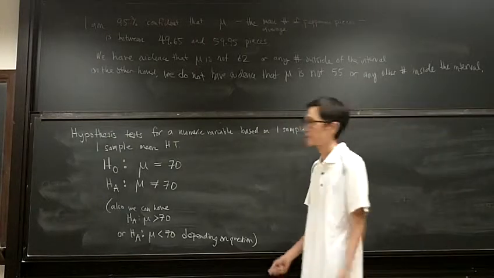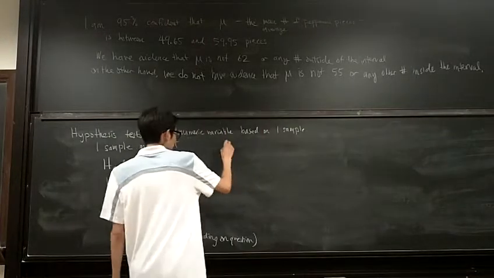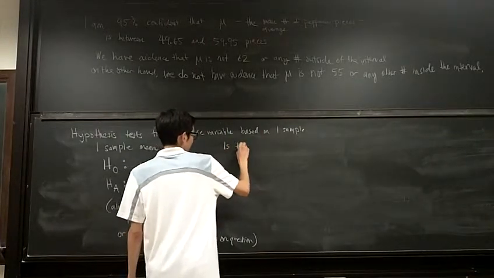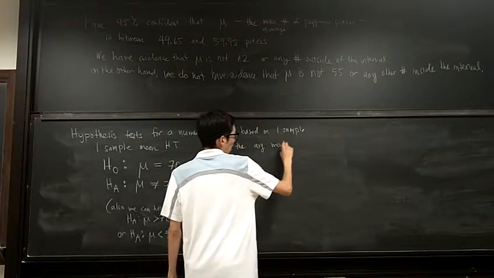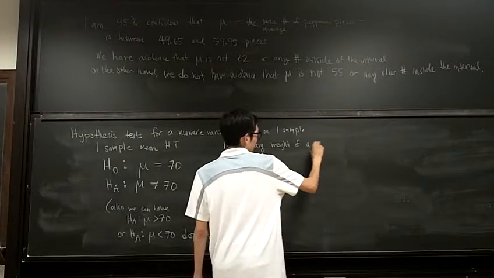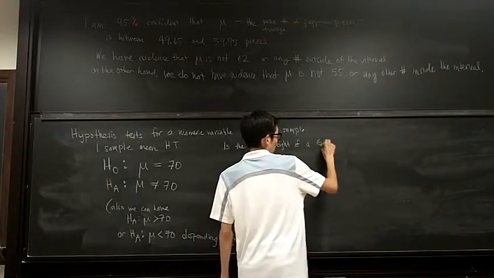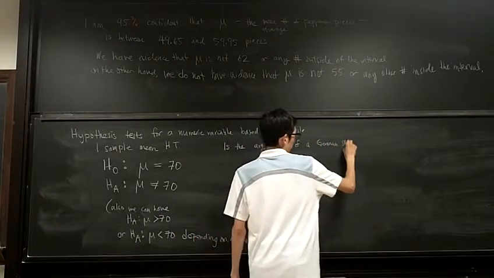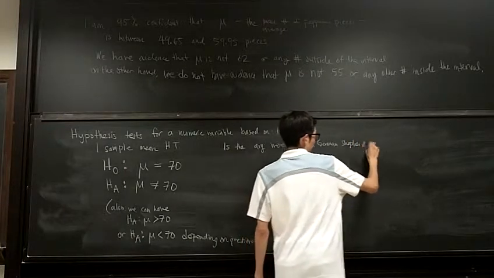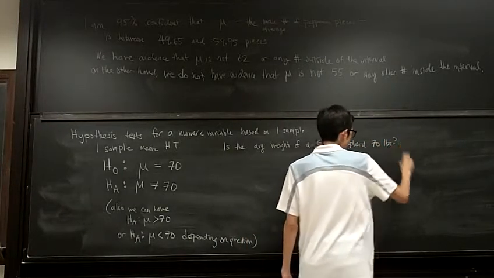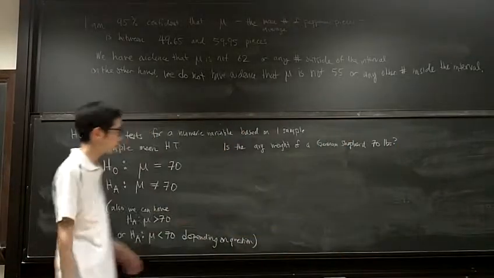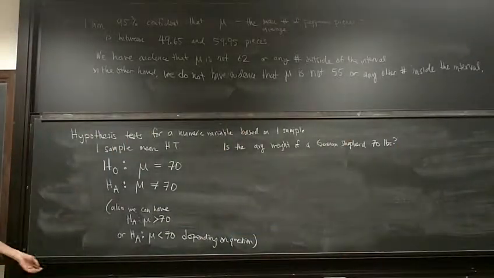Okay, so we say this is the question: is the average weight of a German Shepherd 70 pounds?